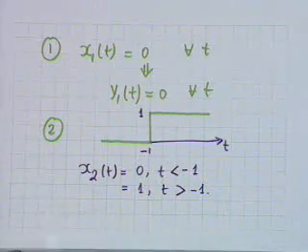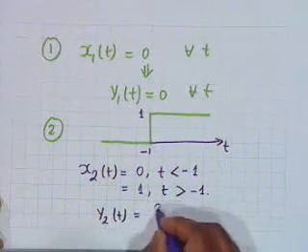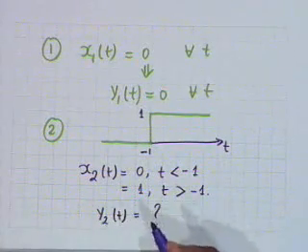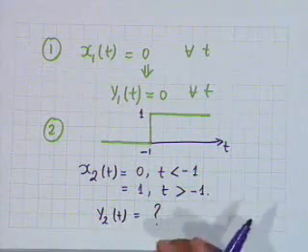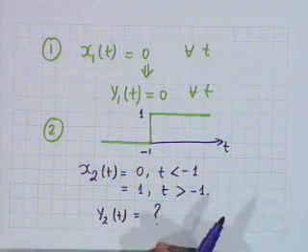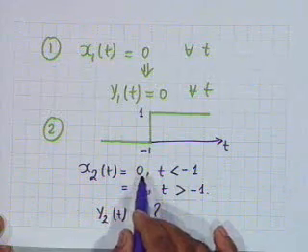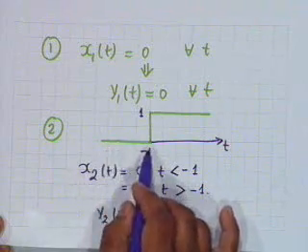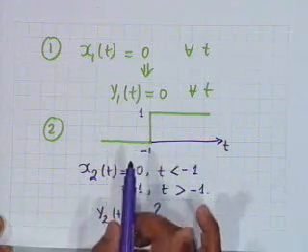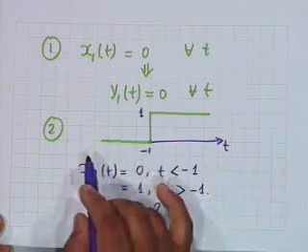Let us calculate the outputs. Let us calculate the output y2 of t and then verify whether the system is causal or non-causal. You notice here that x2 of t is 0 till t equal to -1. So t0 here is -1.